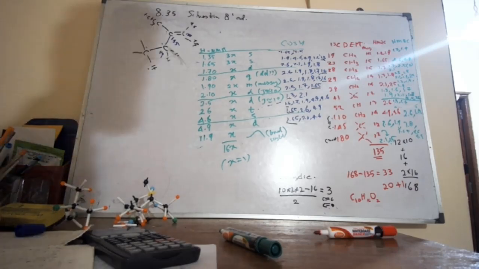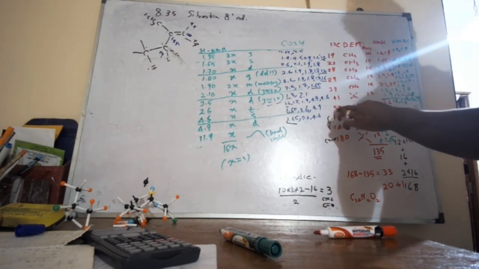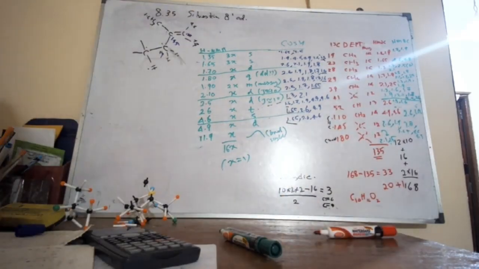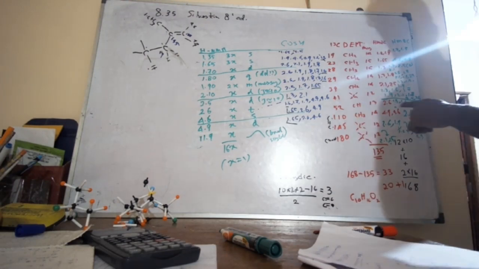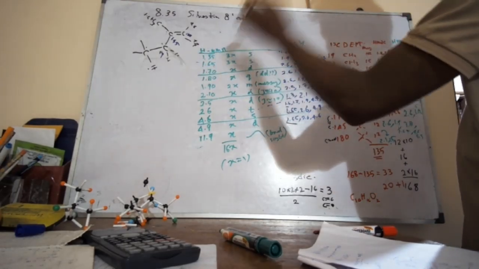So let's look at this one. These two signals, right? If you take the 1.3, 1.6, 1.3 is this one, 1.6 is this one.